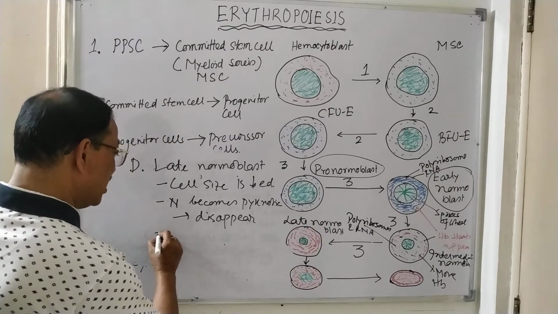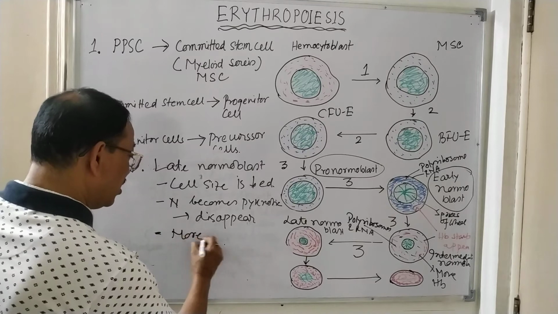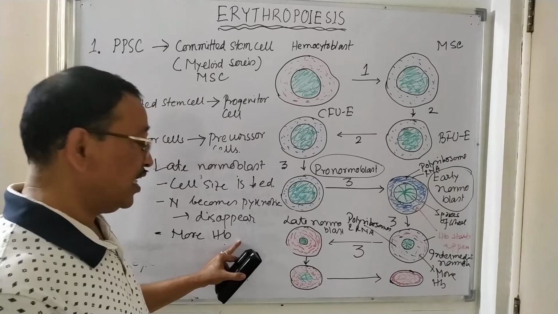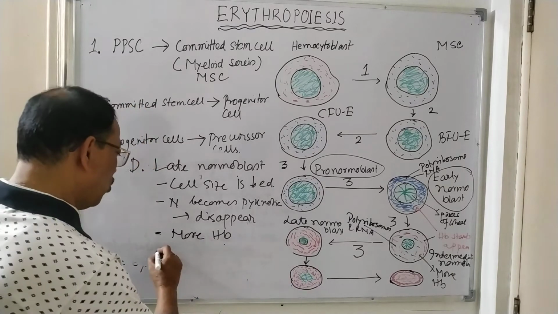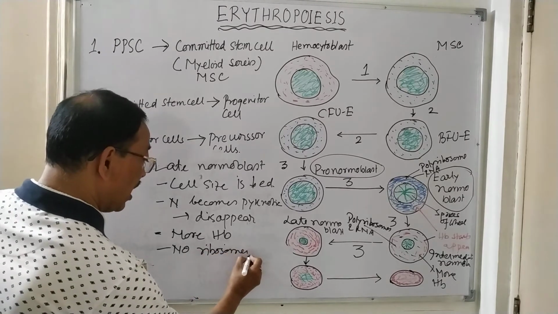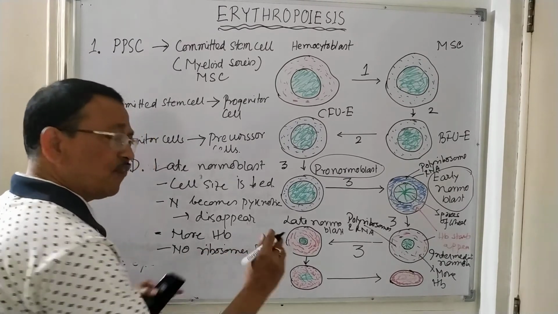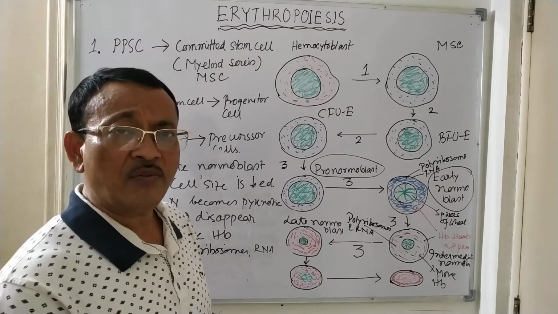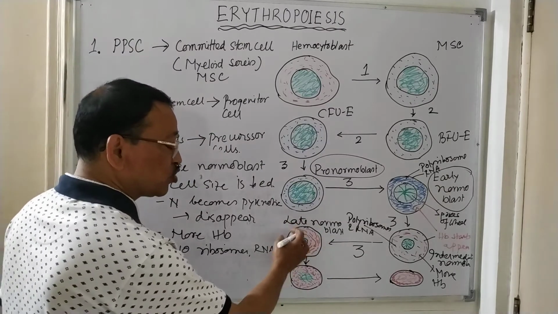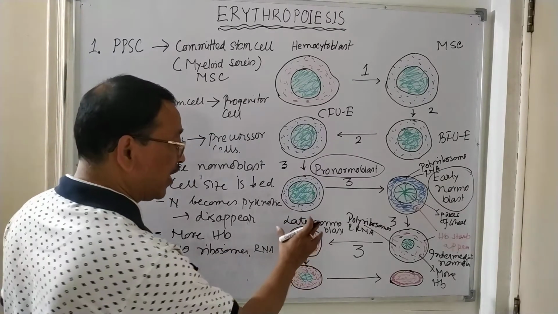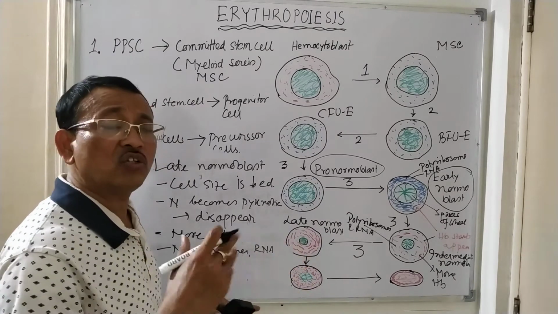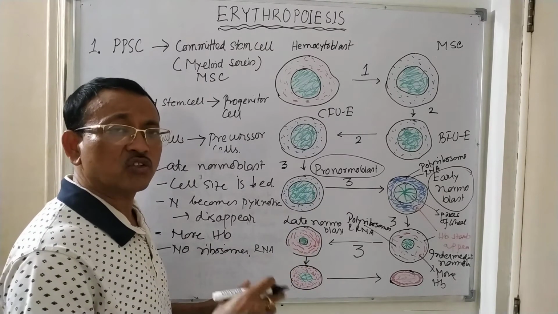In this case there is more hemoglobin and no ribosomes and RNA, so the basophilic characteristic is withdrawn, only the acidophilic characteristics are there, and thereby the cell becomes pinkish. So it is also known as the eosinophilic erythroblast.